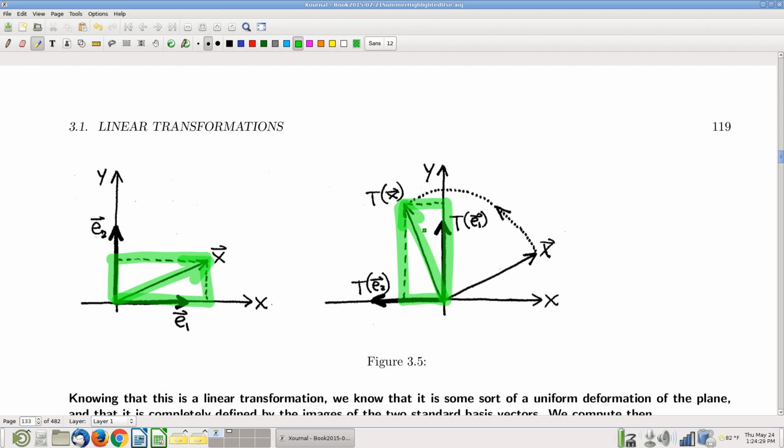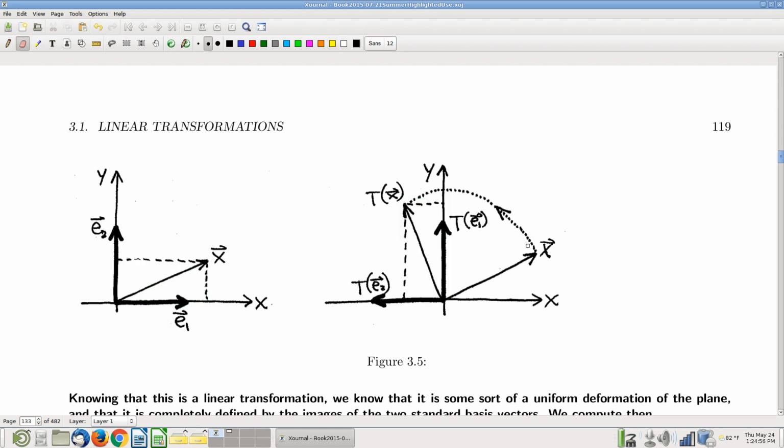And notice that having rotated it, I get the exact same linear combination of the individually rotated vectors. So whether you rotate before you do the linear combination, or whether you do the combination before you rotate, either way, same result. This is a linear transformation.